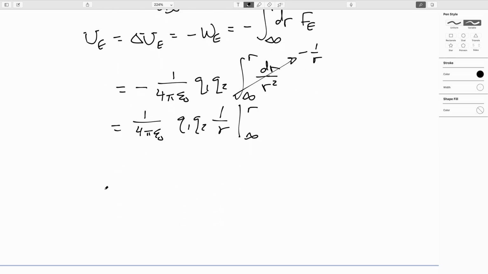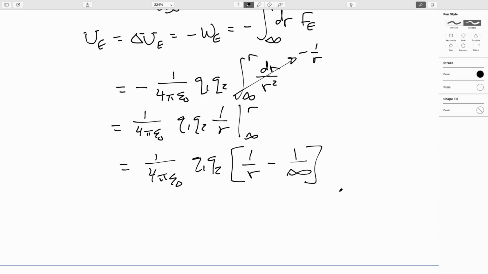So this will be 1 over 4 pi epsilon naught Q1, Q2 times 1 over r minus 1 over infinity, and 1 over infinity is equal to 0. And if you don't like that, again, you can make that an r initial and take the limit as r initial goes to infinity if you want to be fussy about it.